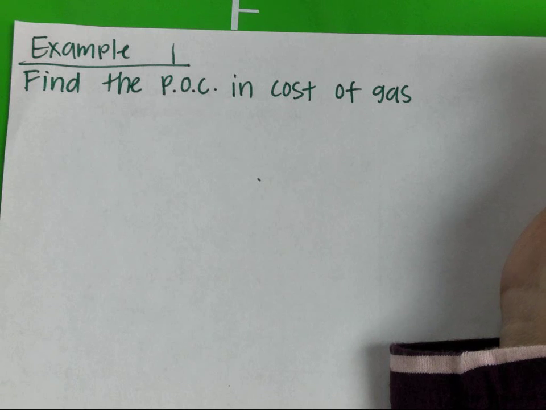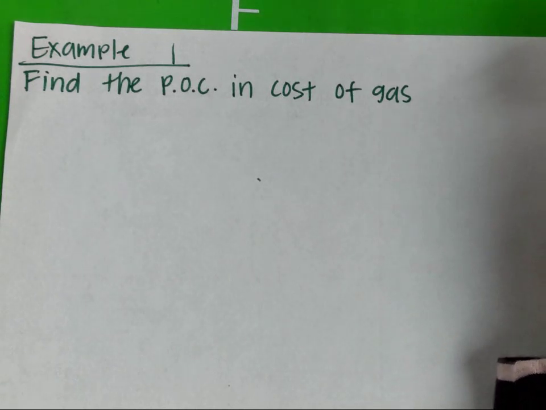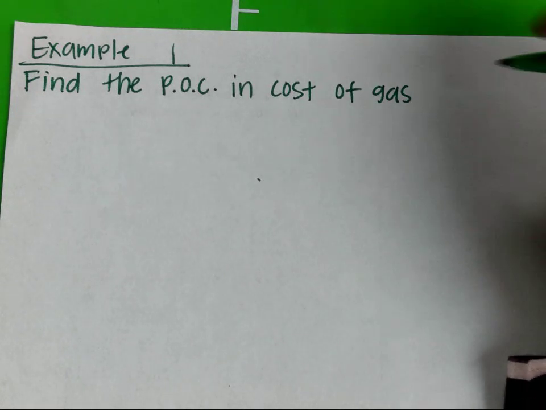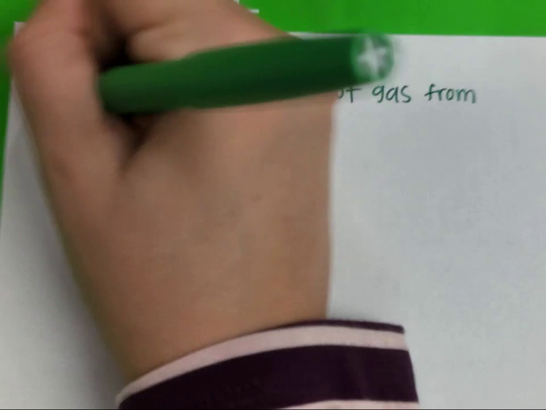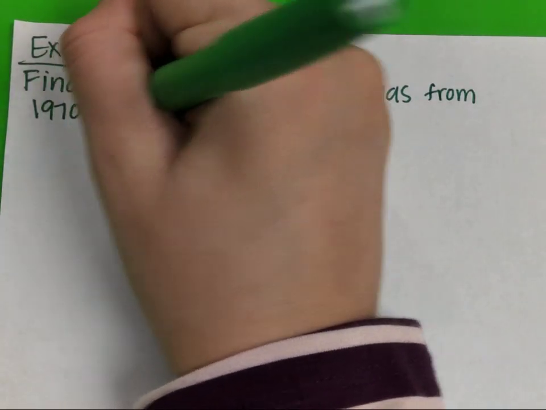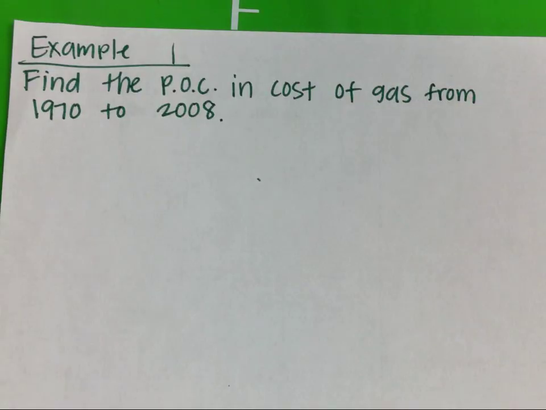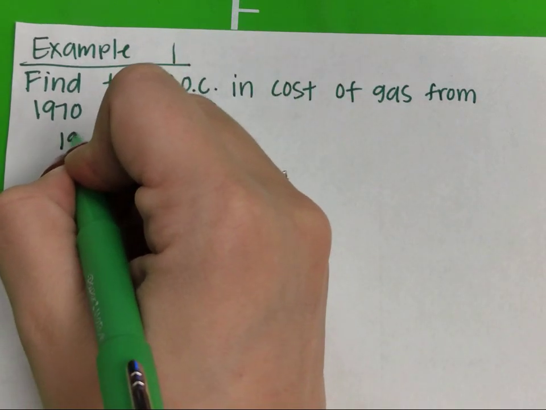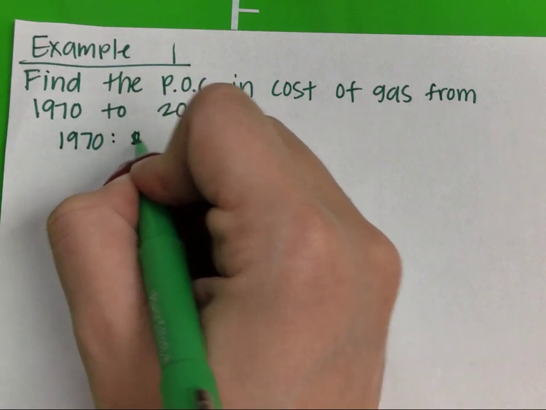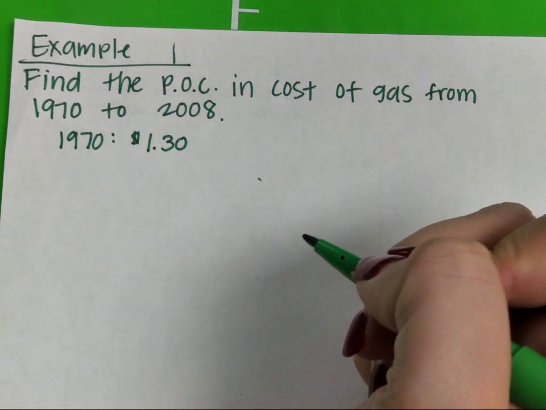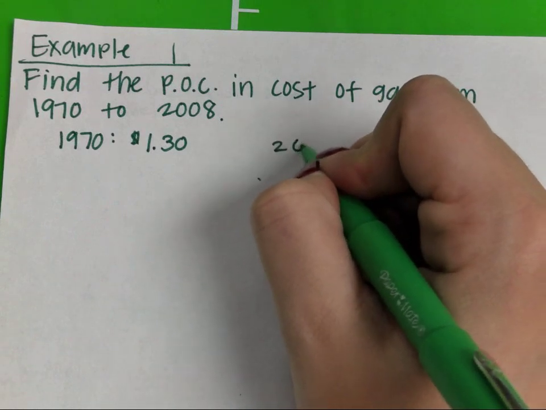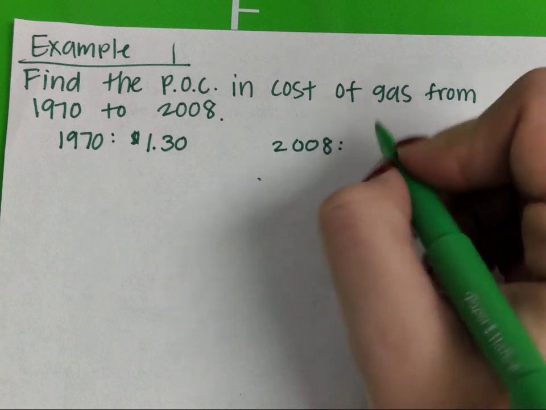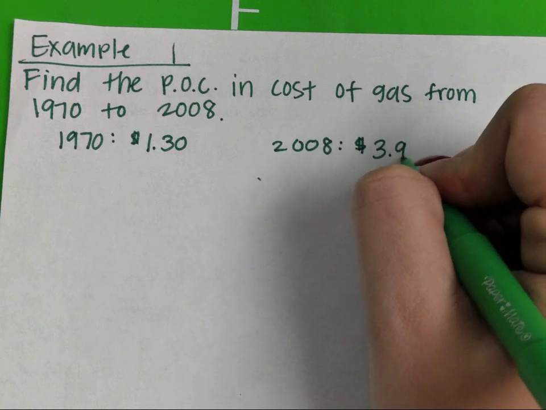So we're finding the percent of change in the cost of gas from 1970 to 2008. So this is the problem. So in 1970, the gas cost $1.30. And then in 2008, the gas cost $3.95.